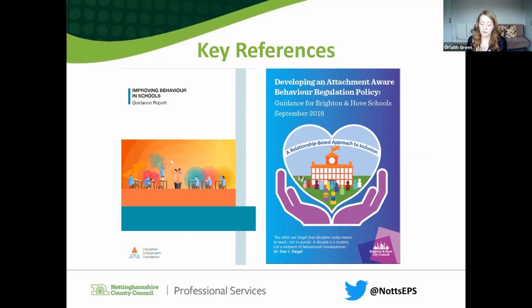And they really were focusing on the importance of relationships and the importance of understanding individual influences for children. And the EEF is one of the first reports that really challenged the limitations of zero tolerance behaviourist approaches in schools and highlighted the great work that was happening all around the country in the use of relationship-based practice.